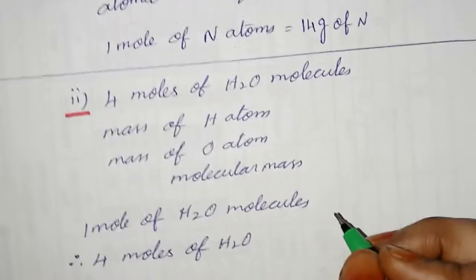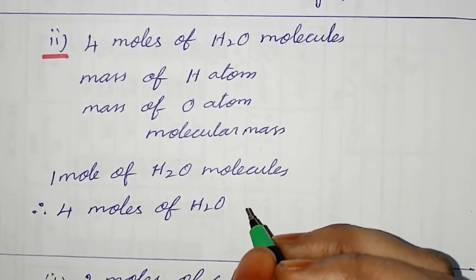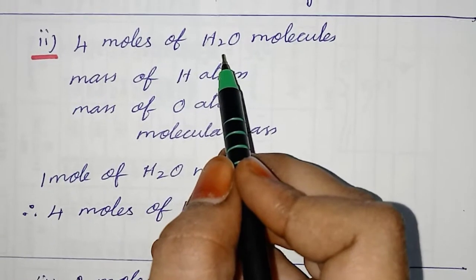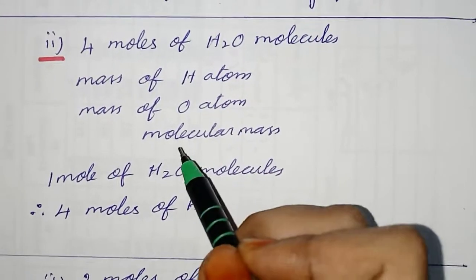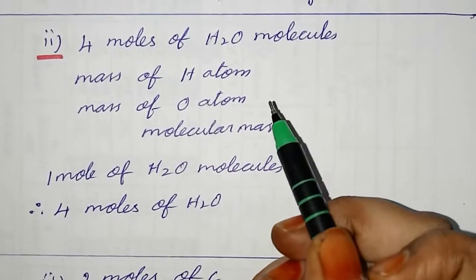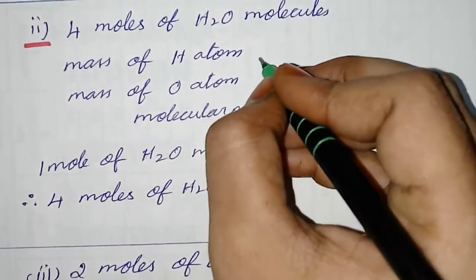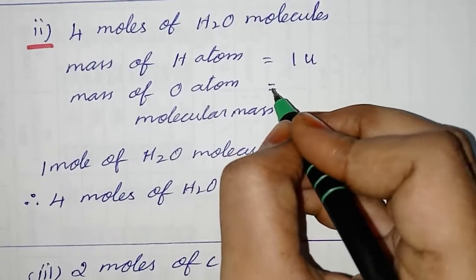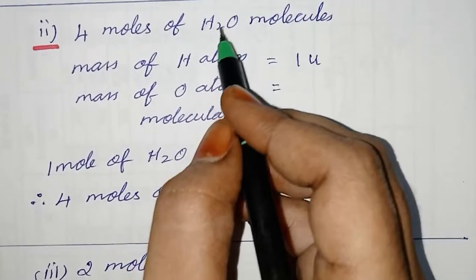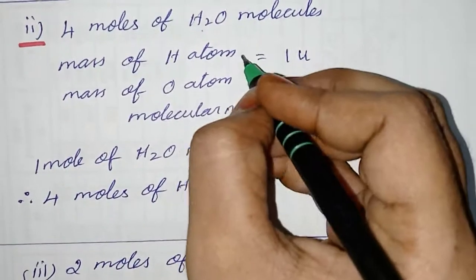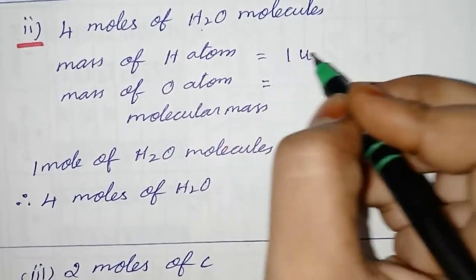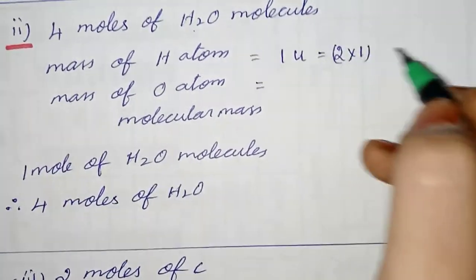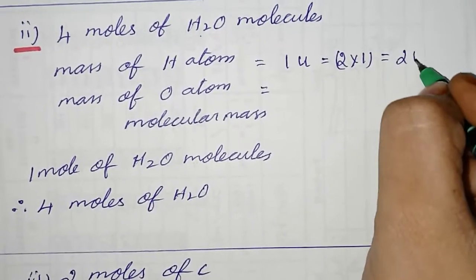Okay, like that, 4 moles of water molecule. It is a molecule, so we have to calculate the molecular mass first. After that we convert the molecular mass into moles. Mass of hydrogen is 1. Mass of oxygen atom is 16. Here 2 hydrogen atoms are there, so 2 into 1 is equal to 2U.